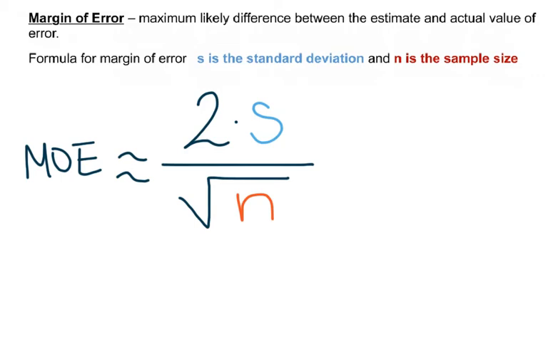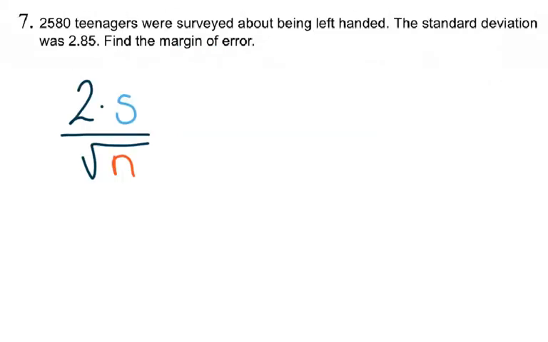So the formula for margin of error is 2 times S, which is your standard deviation, divided by the square root of N, and N is your sample size. Okay, so 2,580 teenagers were surveyed about being left-handed. The standard deviation was 2.85, that's my S. This is my sample size, that's N, and I'm going to find the margin of error.